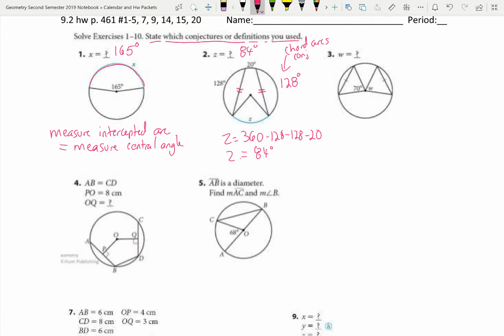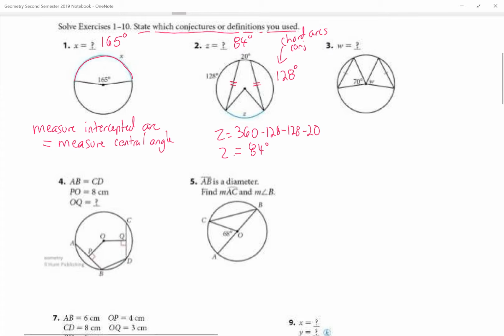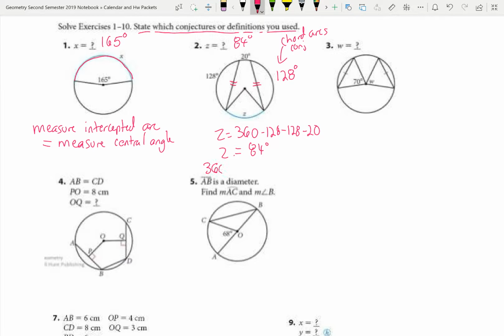And we also use the fact that there are 360 degrees in a circle.